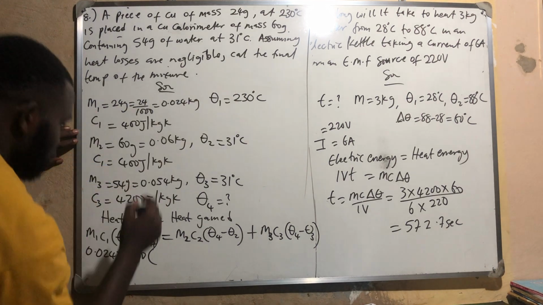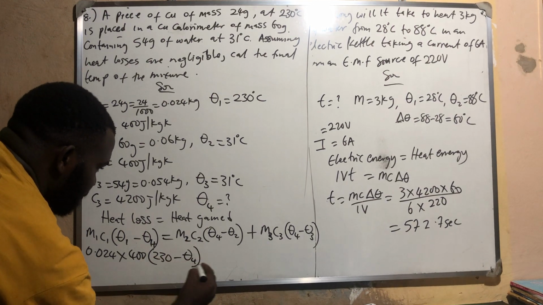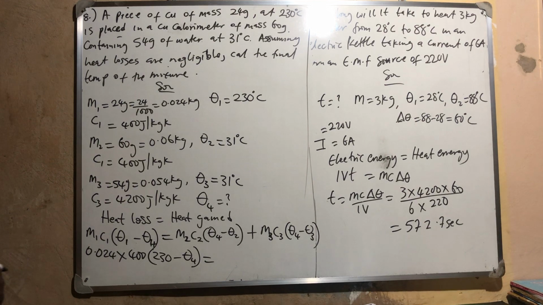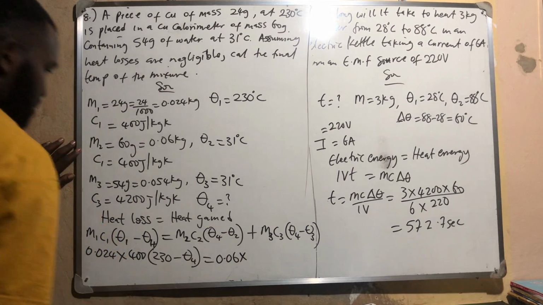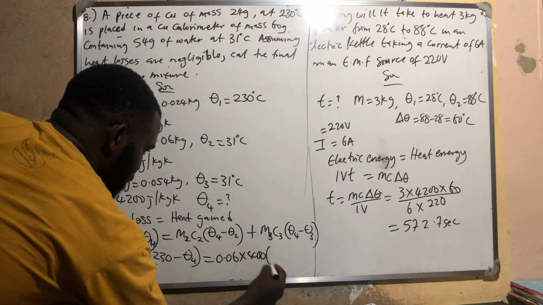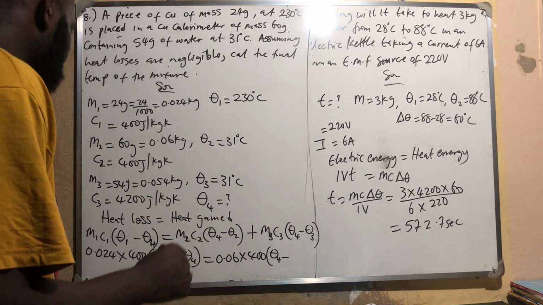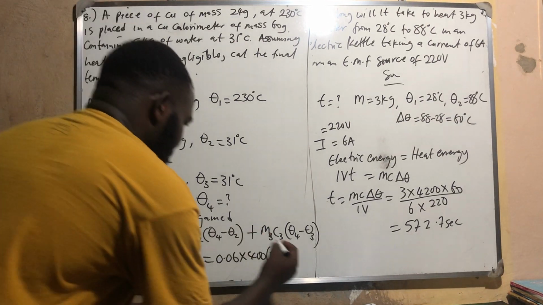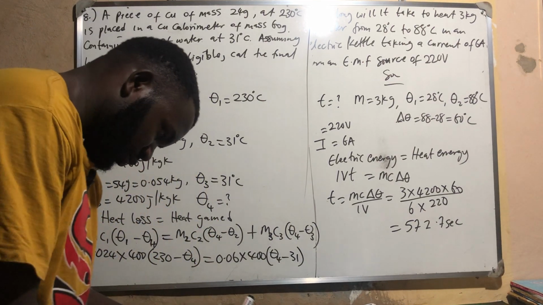I had 230 minus my theta 4 that I'm looking for, is equal to my M2, which is 0.06 times my C2. Sorry, my C2 is still 400, into my theta 4 that I'm looking for minus my theta 2. Where is my theta 2? 31. Okay.